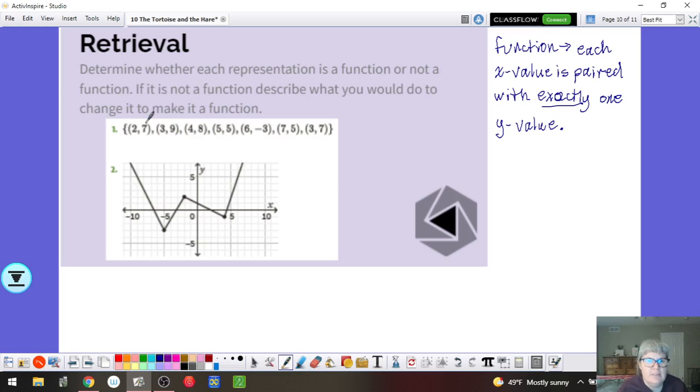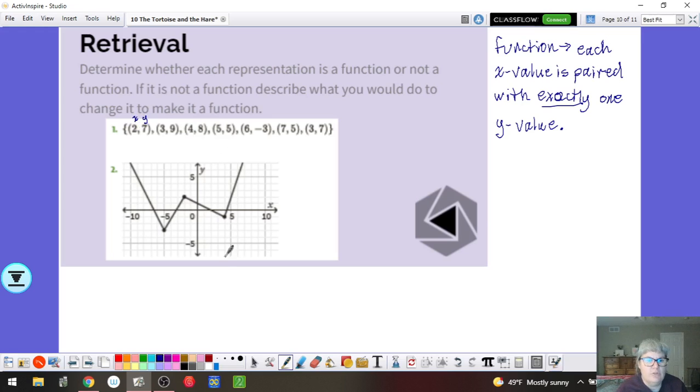So if I look at this set of points, all of these are x, y points. They're all ordered pairs. We have 2, 7, 3, 9, 4, 8, 5, 5, 6, negative 3, 7, 5, 3, 7. As I go through and I'm comparing x values with y values, I see there's only one x value of 2.